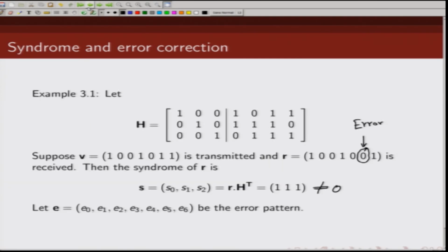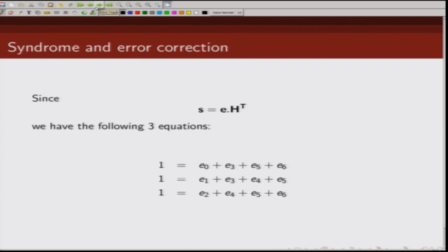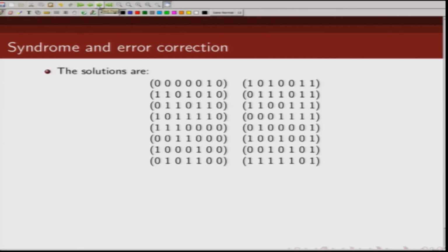We have our H matrix given by this, and this is our error pattern. When we compute EH transpose, we get this set of 3 equations with 7 unknowns, and there are a total of 2 to the power 4, that is 16, different solutions, shown here.